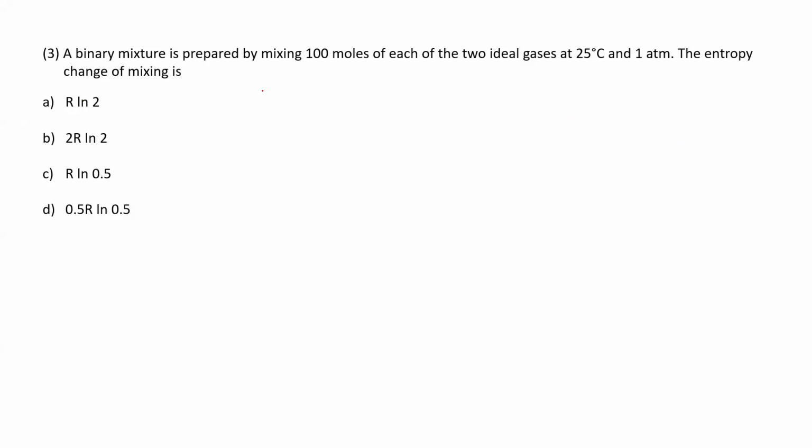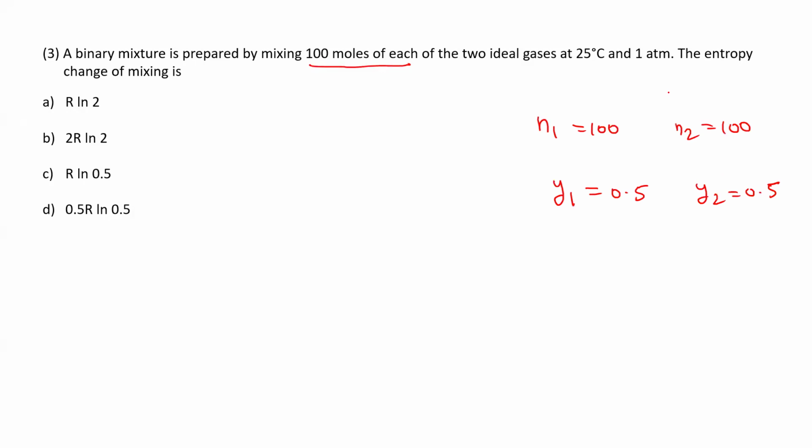Now, a binary mixture is prepared by mixing 100 moles of each of two ideal gases. So 100 moles of each, so N1 is equal to 100, N2 is equal to 100. These are gases, right? So Y1 is equal to 0.5 and Y2 equals 0.5.